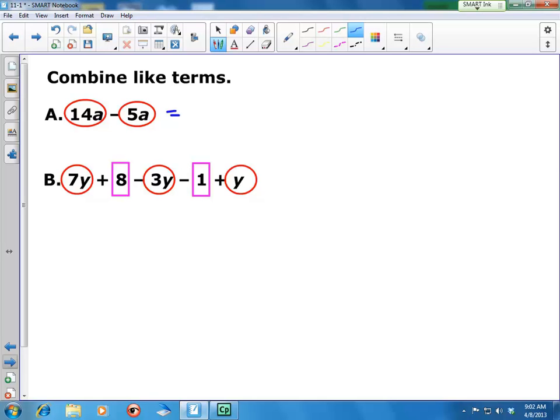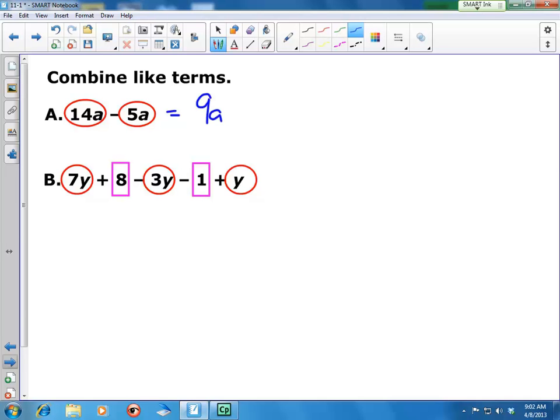What is 14 minus 5? 9. And so my answer for that one would be 9a. I can't go any further. Now, if it told me what the value of a was, then we could solve it. Or even if it said 14a minus 5a equals 128, we could solve for a. But that's not what it's asking us to do. It just wants us to combine the like terms.